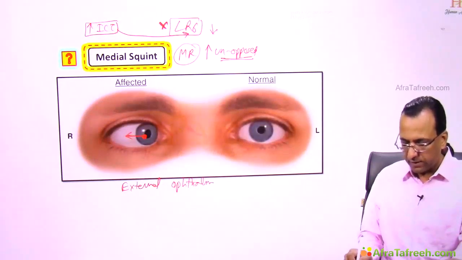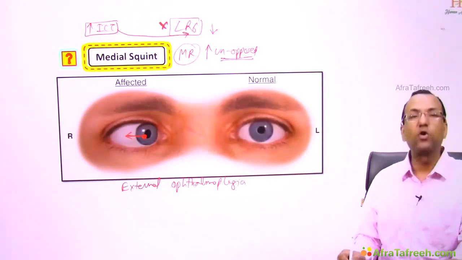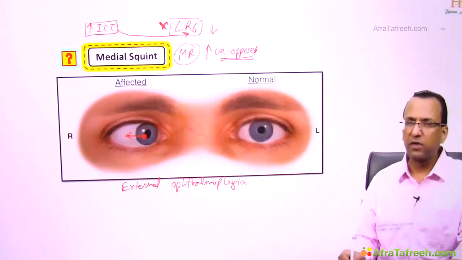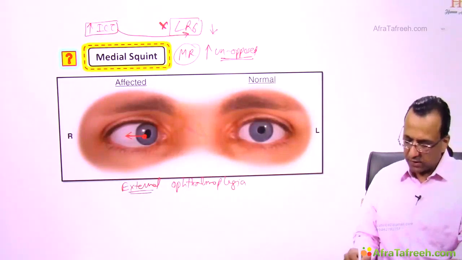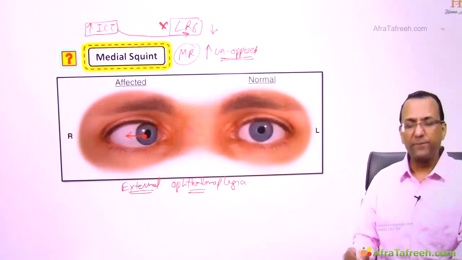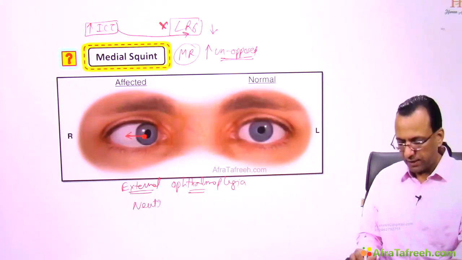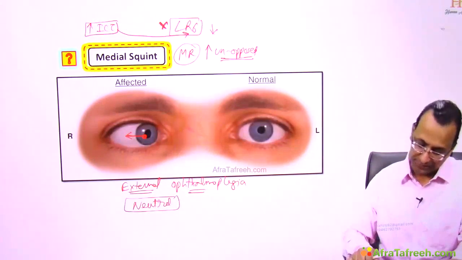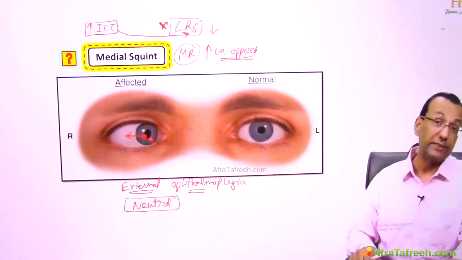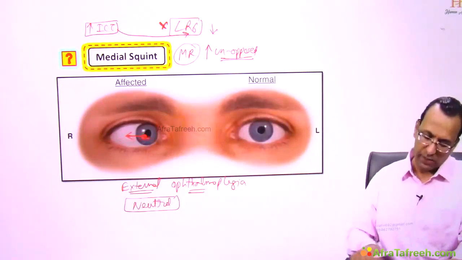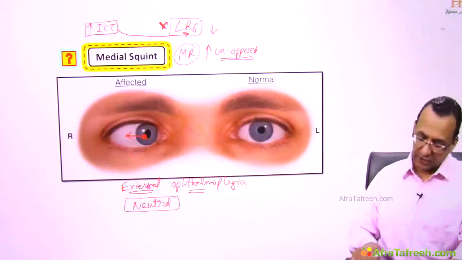So you are saying that later in the course of the disease, there will be external ophthalmoplegia. The eyeball will come back to neutral position. Why will it come back to neutral position? Because after some time, almost all the nerves supplying the eyeball have been compromised. So all the muscles are paralyzed, which is called external ophthalmoplegia.